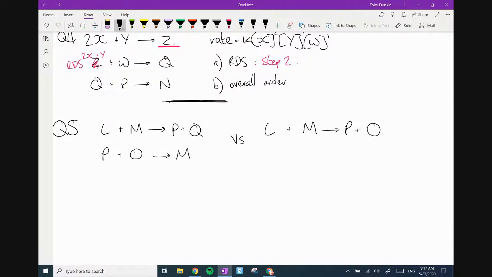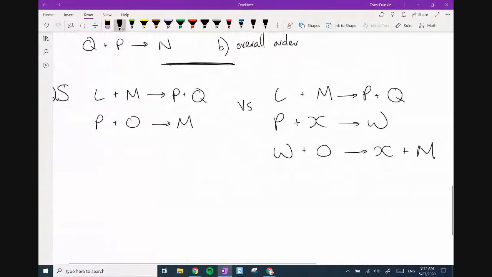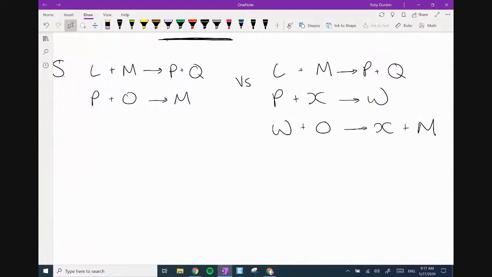P plus Q. Okay. So what I'm trying to show you here, guys, is I've got two reaction mechanisms, two pathways.